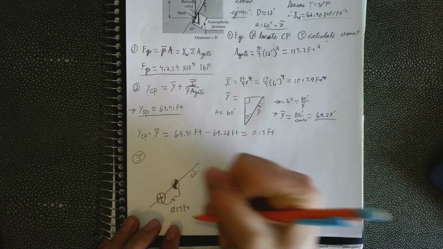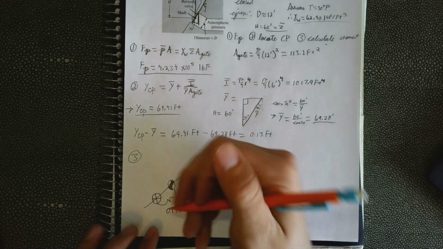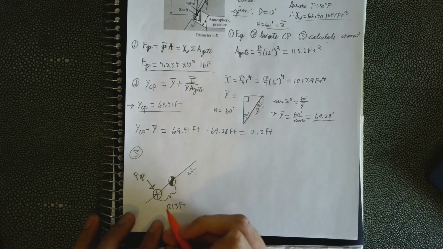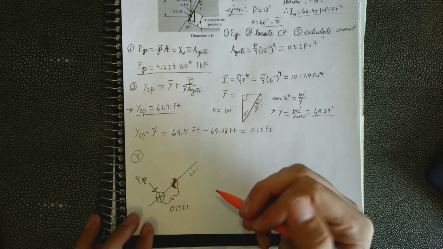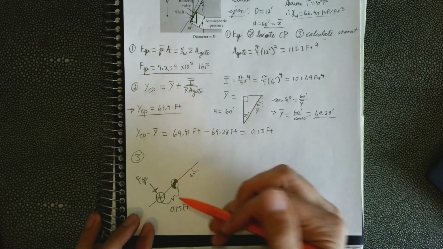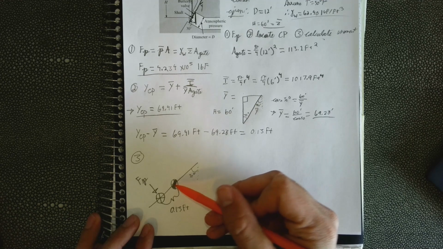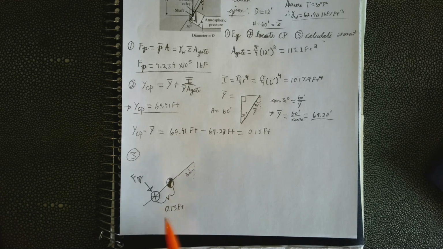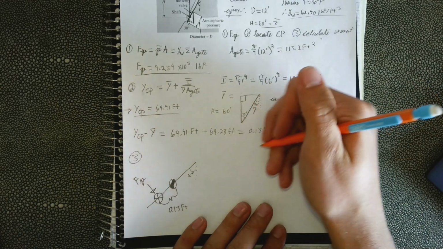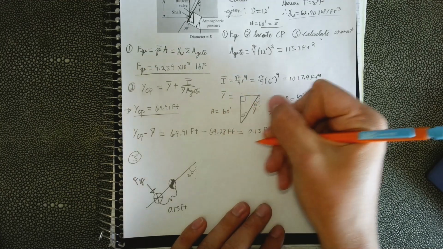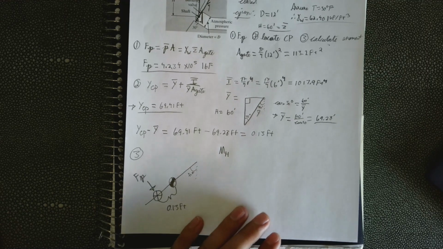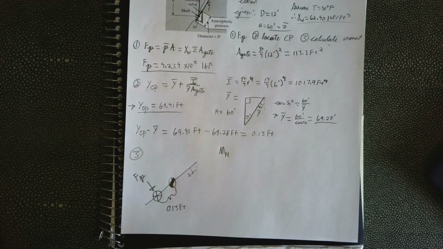We know that's 0.13 feet. We know that the pressure force, mathematically, to help us solve the moment, acts at the center of pressure. And we need to calculate the moment about this shaft to equal the force of pressure to keep that gate closed, right? So we need to find the moment of the hinge or the joint or shaft, whatever it's called.